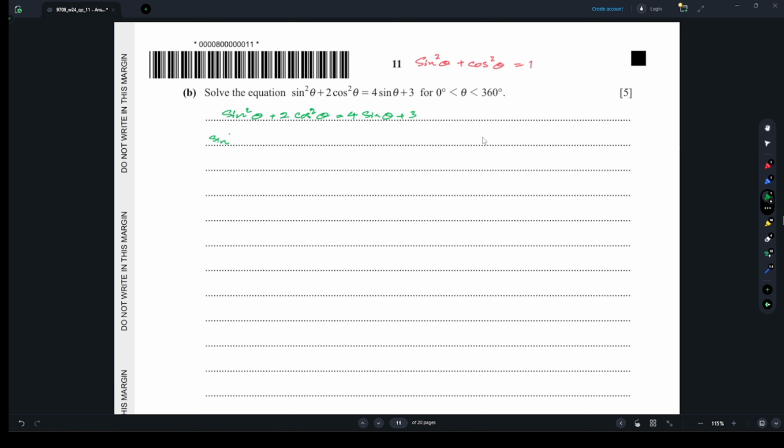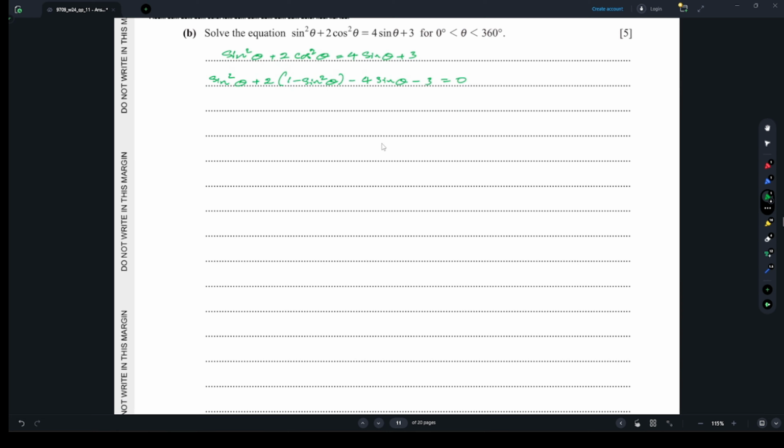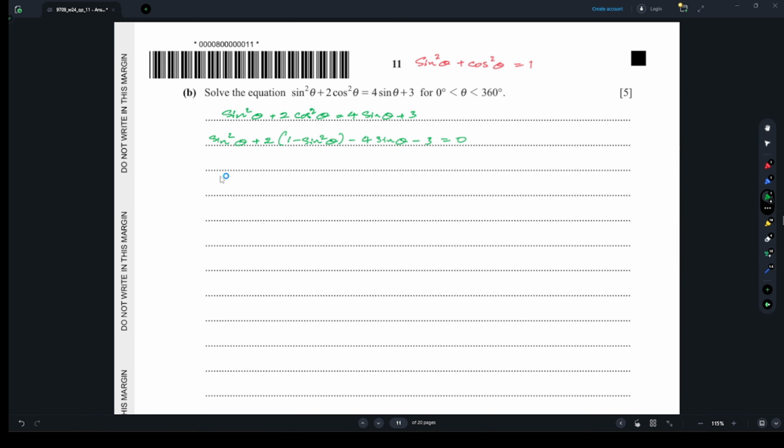Here, sine square theta plus 2 times, instead of cos square theta I write 1 minus sine square theta, and then I bring all the others to this side: minus 4 sine theta minus 3 equals 0. When I multiply by 2, I get 2 minus 2 sine square theta, so it becomes minus sine square theta, and then here we have 4.